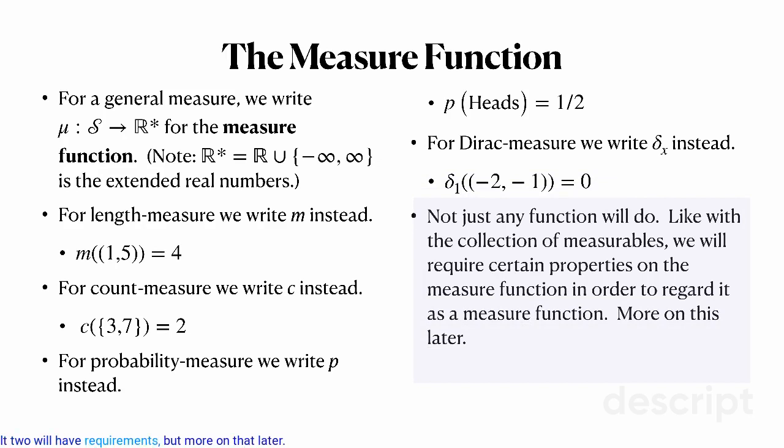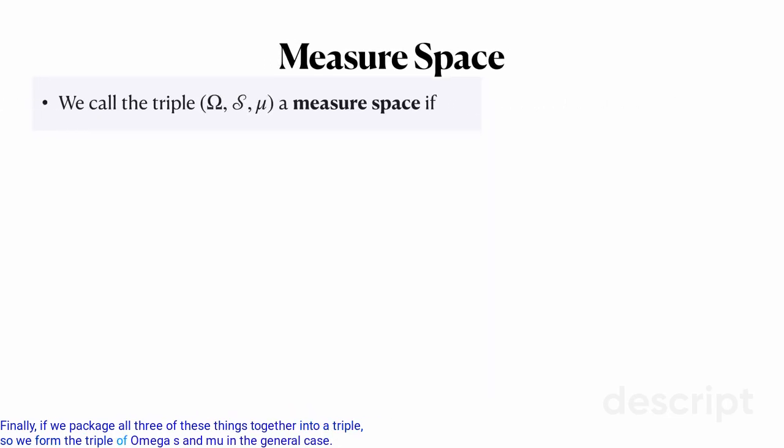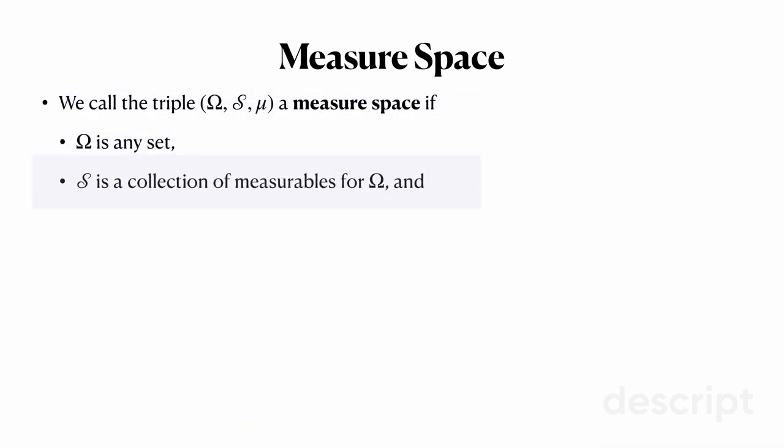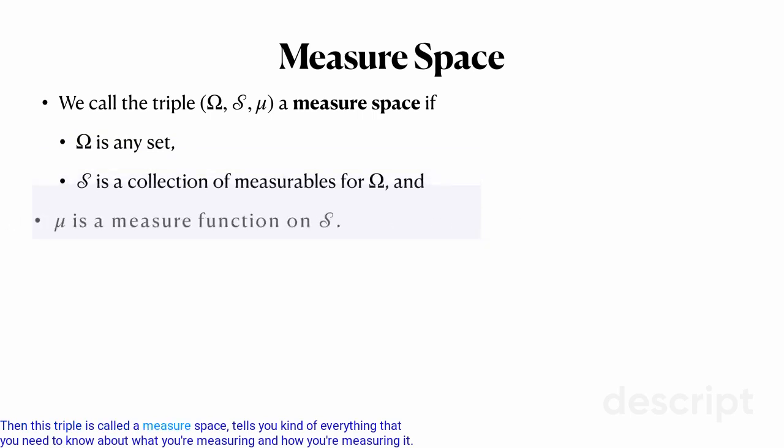It too will have requirements, but more on that later. Finally, if we package all three of these things together into a triple, so we form the triple of omega, S, and mu in the general case, then this triple is called a measure space. Tells you kind of everything that you need to know about what you're measuring and how you're measuring.